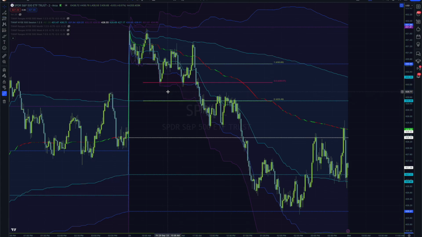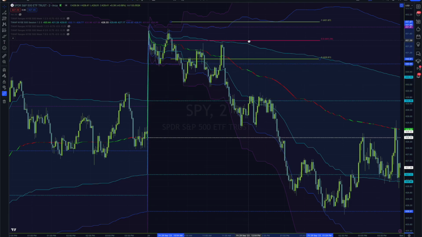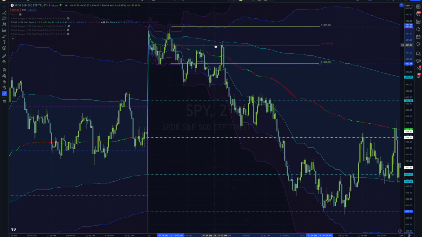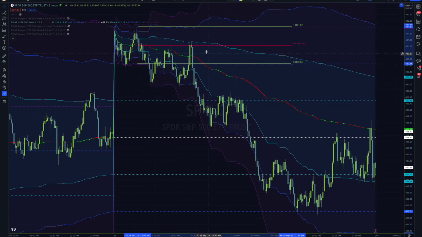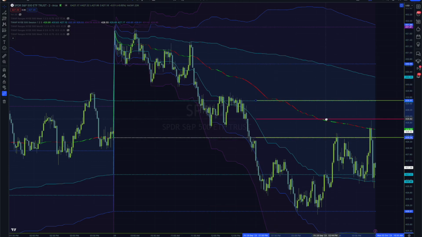If you've watched my market internal videos, you know I'm a big fan of 50% measurement of lots of things, and you can see oftentimes 50%, I mean, I don't care where I put this thing, 50% for whatever reason, it always seems to be a bounce location all the time.